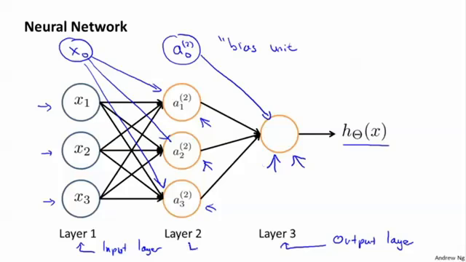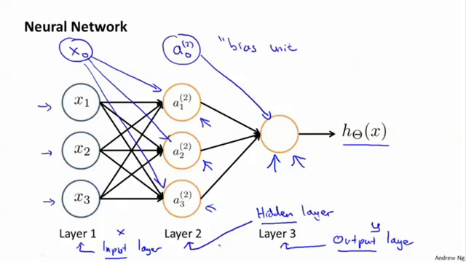And then layer 2 in between is called the hidden layer. The term hidden layer isn't great terminology, but the intuition is that in supervised learning you get to see the inputs and you get to see the correct outputs, whereas the hidden layer values you don't get to observe in the training set. It's not x and it's not y, and so we call those hidden.